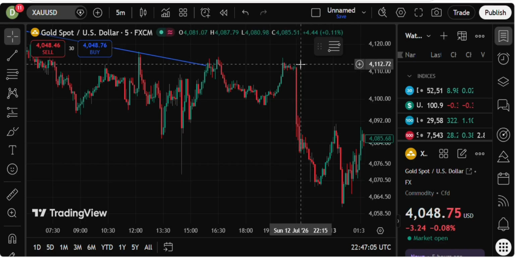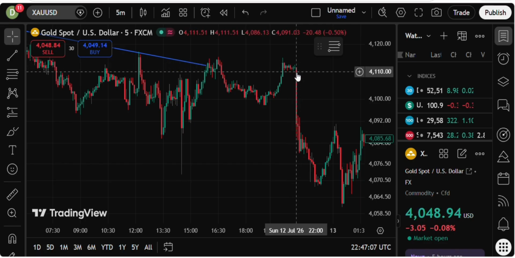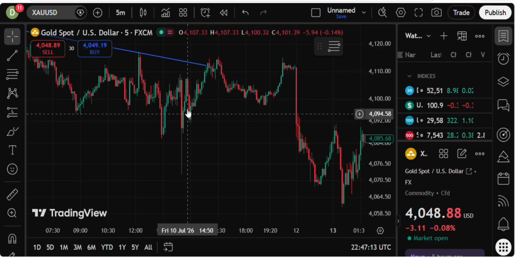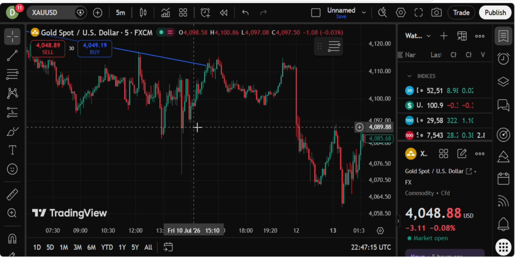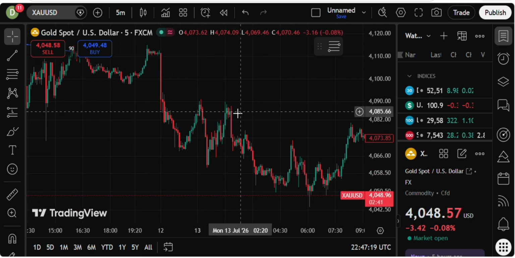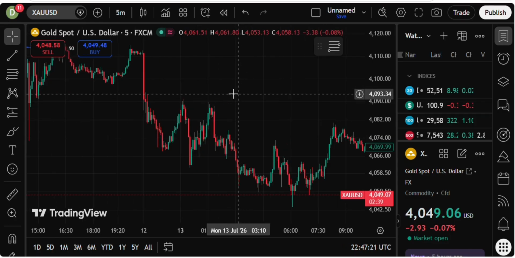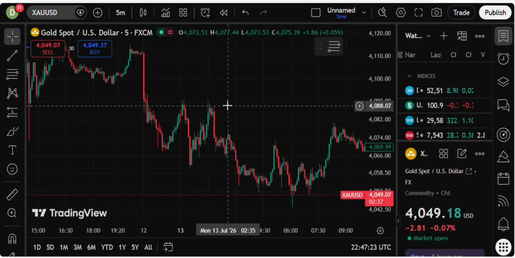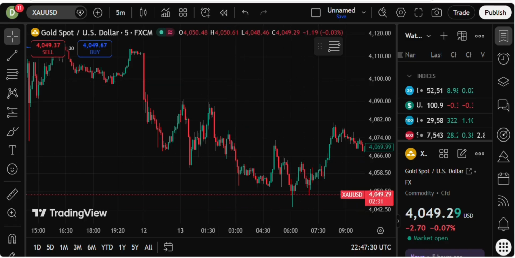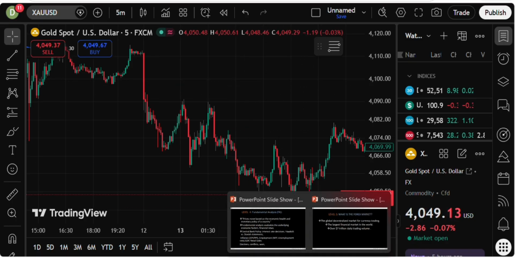Once they do, to push the market back, this is where you see all these kinds of long candlesticks. So this is what fundamental analysis does to the market when there is news. You understand? So let's go back to the next one.